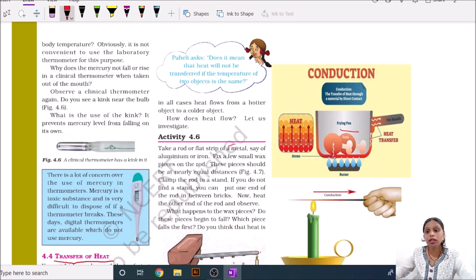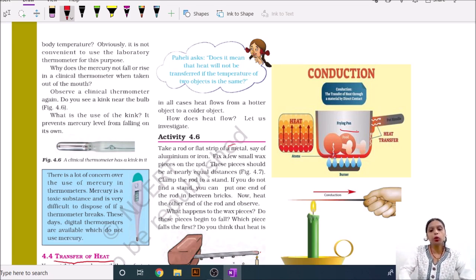It shows that the transfer of heat has occurred here. This process, in which heat goes from hotter to cooler, is called the process of conduction.